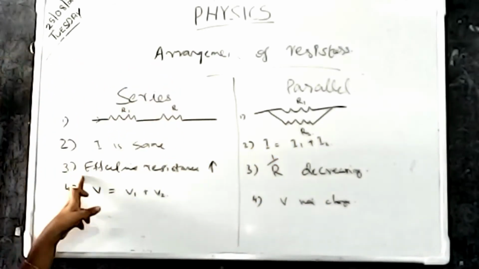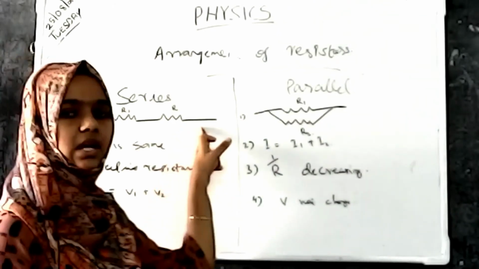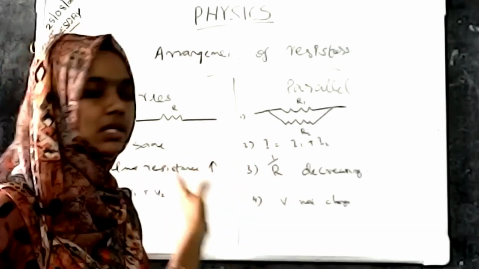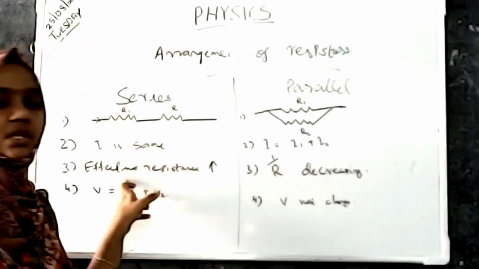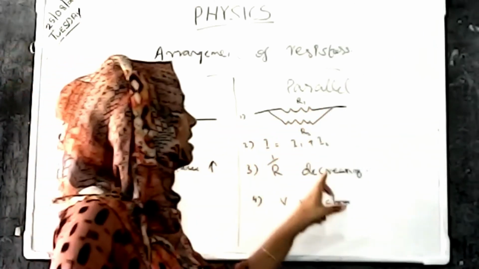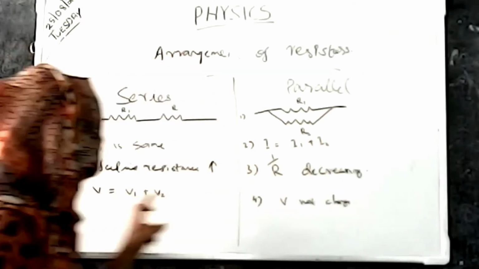In the third point, effective resistance increases in series connection. The bulbs glow more in series connection because the effective resistance is more. In parallel connection, the effective resistance is decreasing.